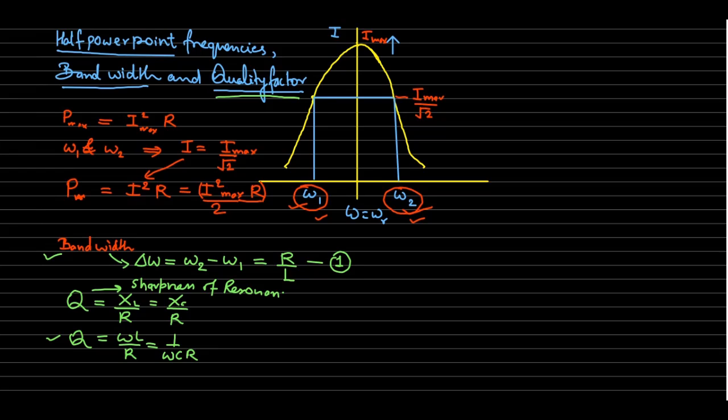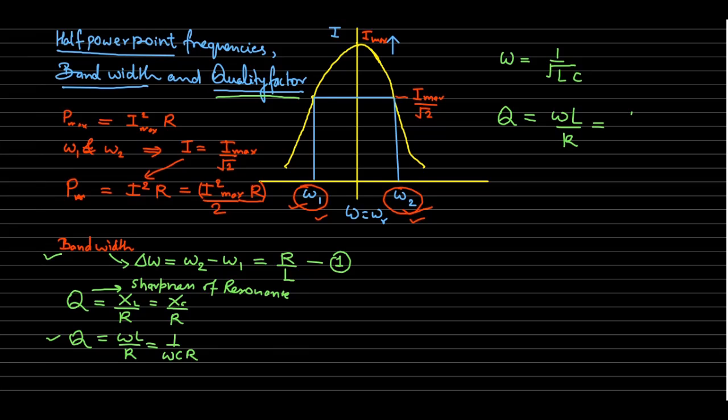Now here one more formula we can write for the quality factor. See what we have written: omega is equal to 1 upon under root LC. So if I write Q as omega into L upon R, now substitute the value of omega.